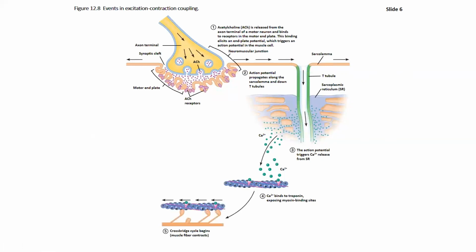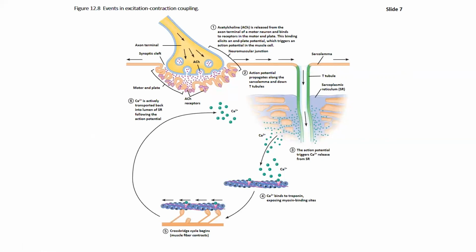When all of that cross-bridge cycling is over, what needs to happen at this point to cease muscle contraction? What needs to happen in order for muscle to cease contracting? Calcium has to leave the cytosol. It has to be removed. Otherwise, we're going to have those binding sites being continually exposed.